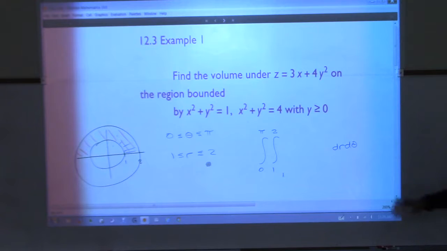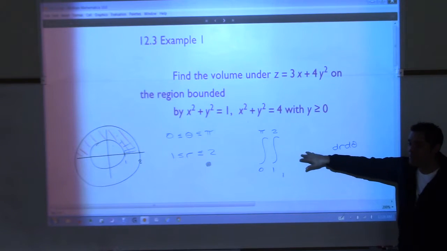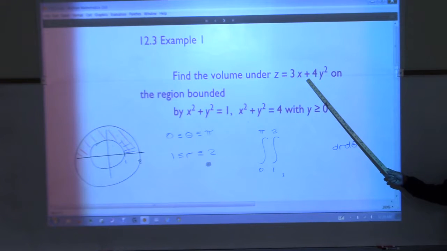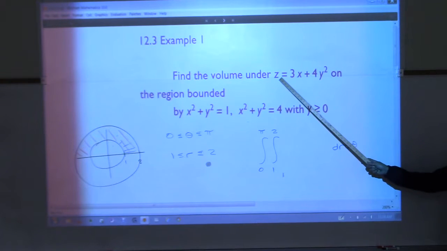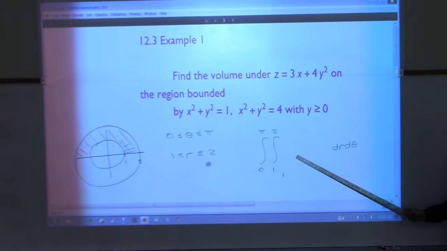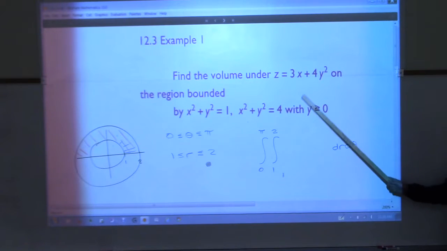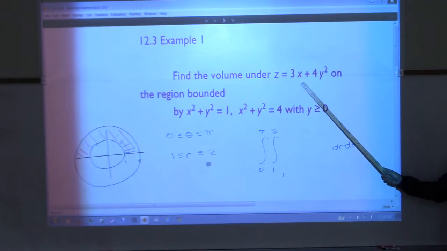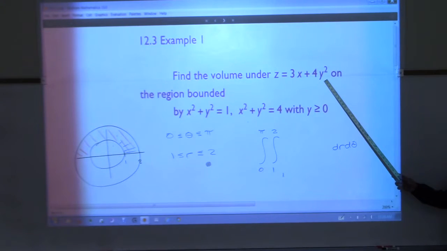Now, what goes in the integrand? What are we integrating? What's the function we're trying to find the volume under? This, right? So solve for z. We need this in here. However, we've gone from Cartesian to polar, so we can't put x and we can't put y. We have to replace x with r cosine theta, and we have to replace y with r sine theta.